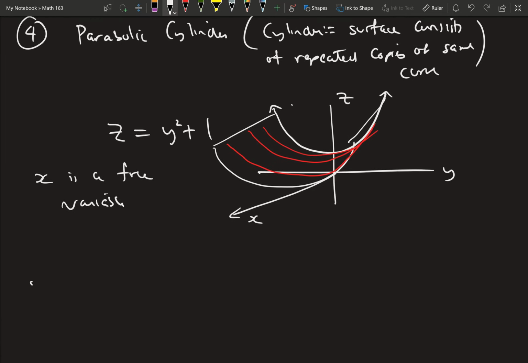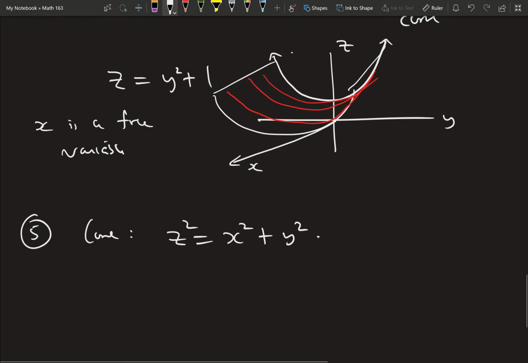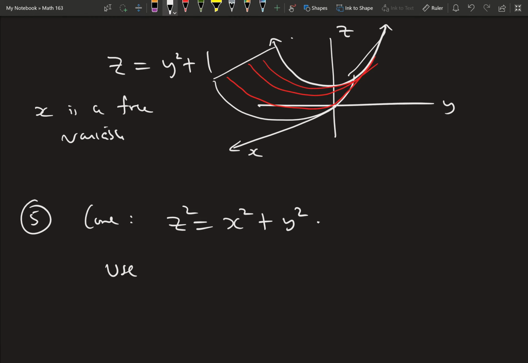Let's do one last one here before you pause on this video. This is a cone. So this one is just a bit more involved than the other one. What I'm going to do for this one is use what are called trace curves to draw the surface.